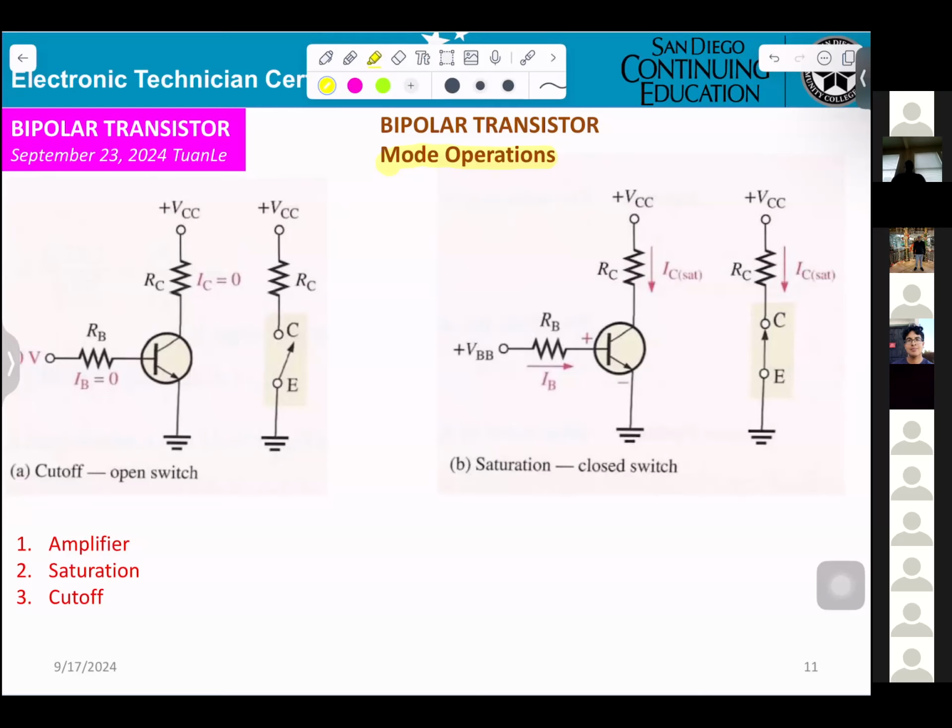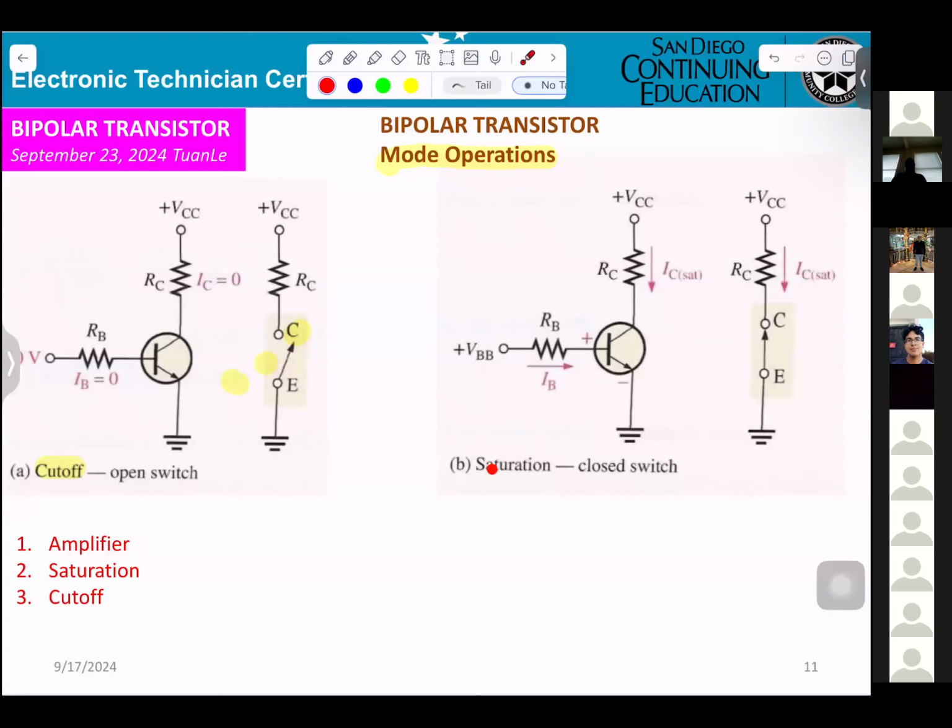Now they give you an example. Cut off, like collector to emitter, you get open. You see that? It gets open right here. It can close, it can open. That's like the switch.